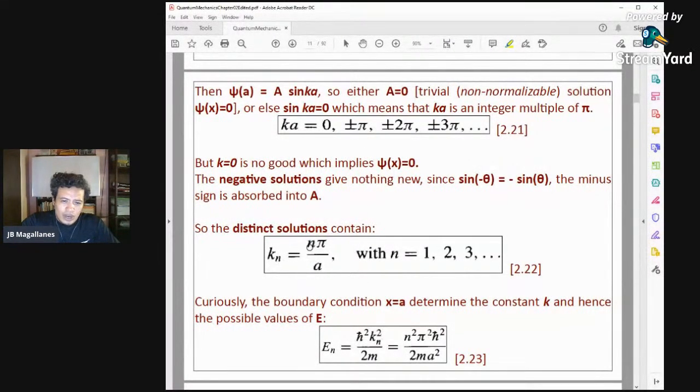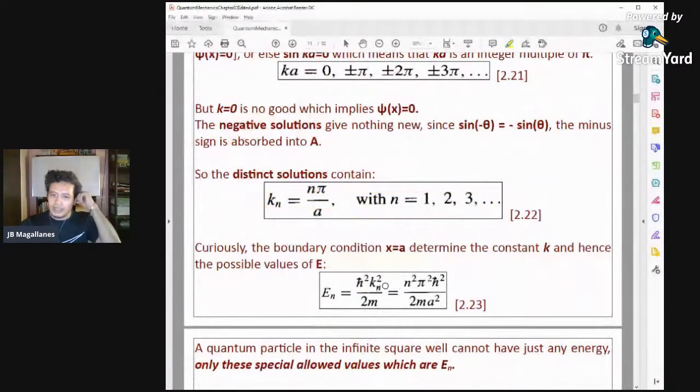For k2, you have 2 pi over a. For k3, you have 3 pi over a. So your kn is also quantized, a leveling of k1, 2, 3, and so on.